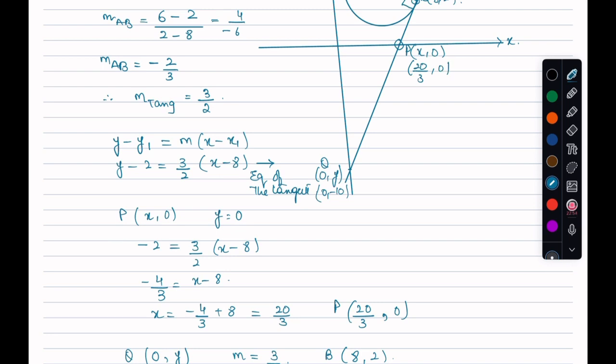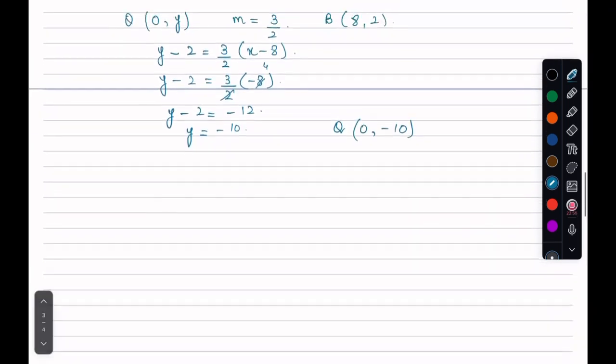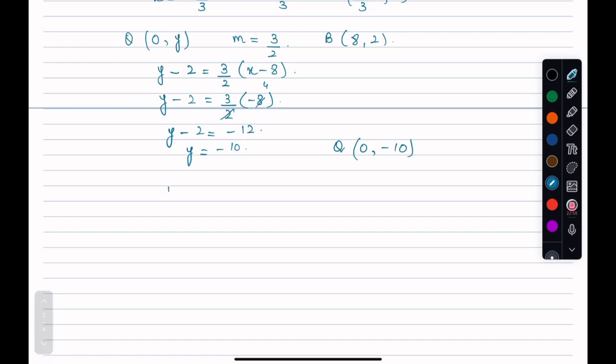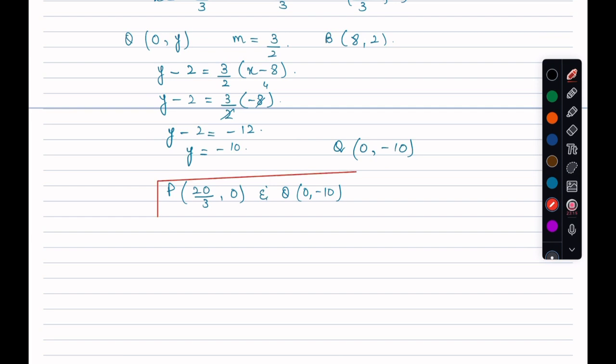So this also looks perfect here. Therefore, just write the answer. The coordinate of P is (20 by 3, 0), and Q will be equal to (0, -10). This is what the coordinates of P and Q for the required tangent shall be.